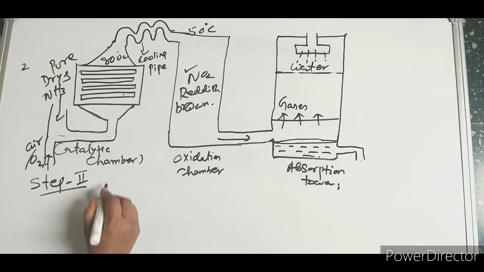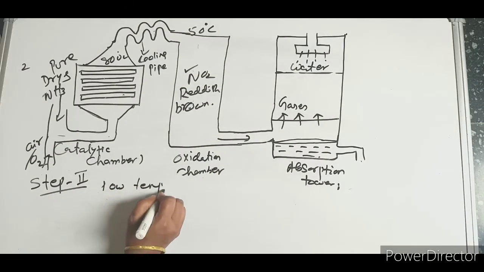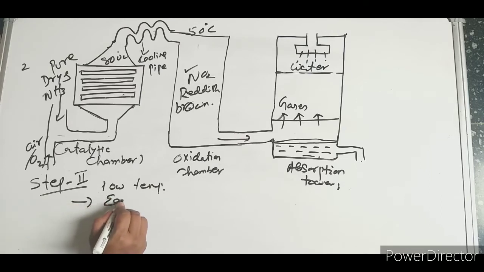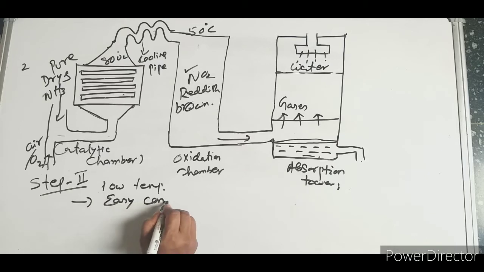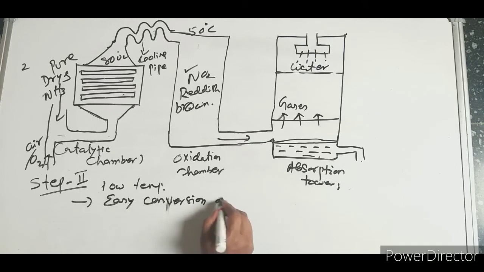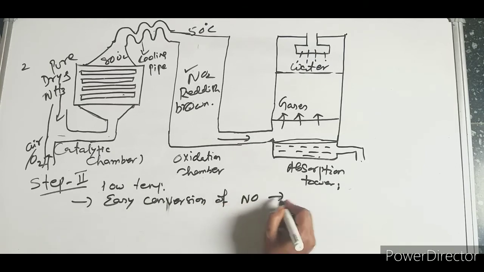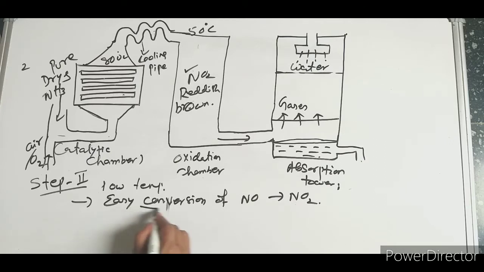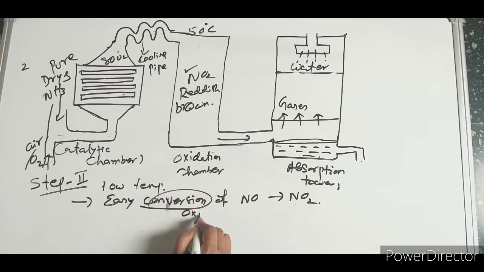Now here low temperature is required for easy conversion of NO to NO2, which means easy oxidation. Easy conversion means easy oxidation, easy oxidation of NO to NO2.